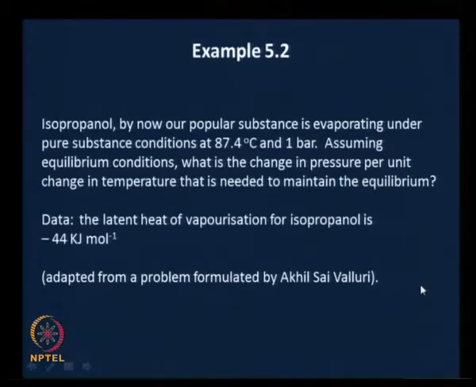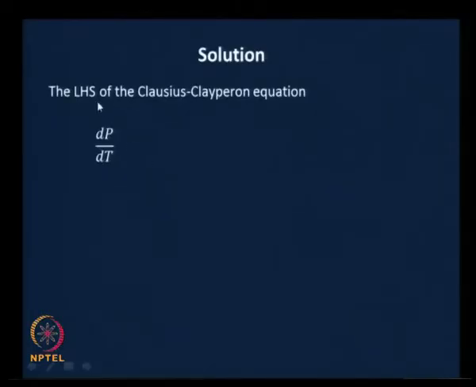So what does this bring to mind? Definitely the Clausius-Clapeyron equation. The left hand side, dP dt, is what is required to be calculated, and the right hand side is L by T delta V.